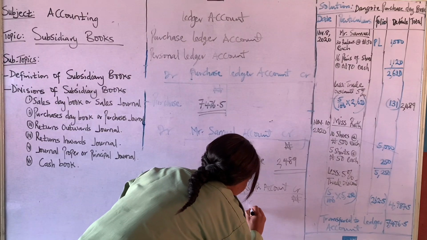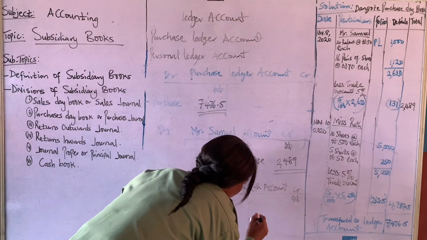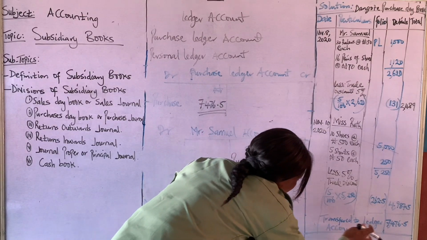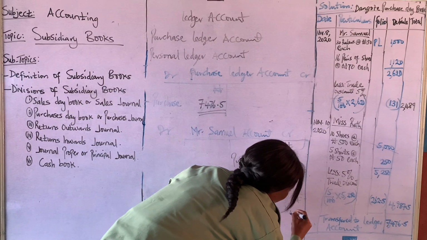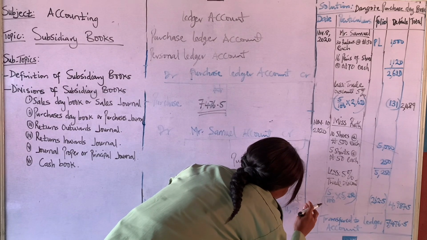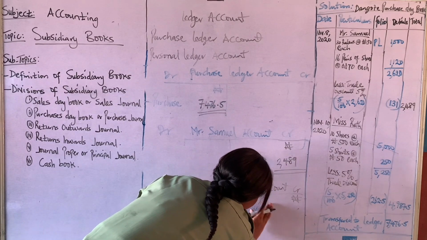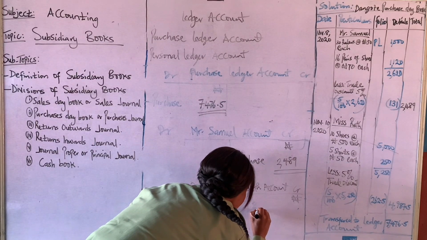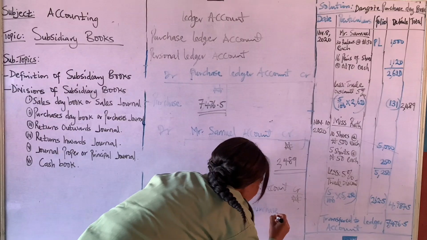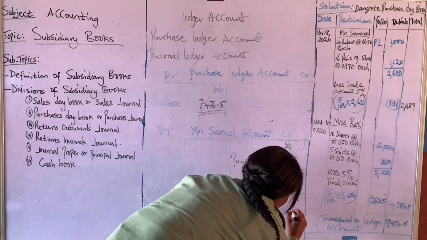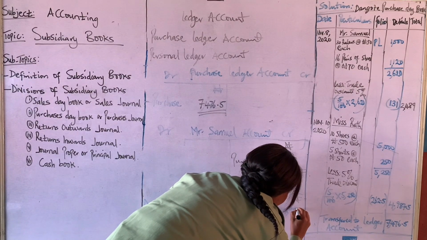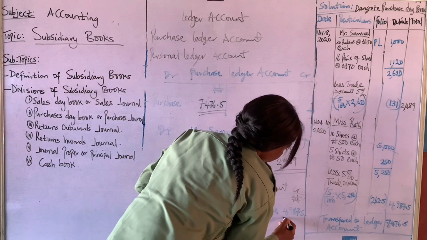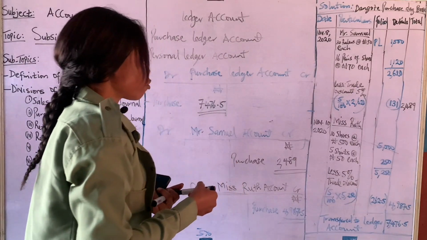Come here, write purchase. I'm so sorry. Just write purchase. Okay, let's do it properly. Okay, we have purchase 4,987.5. You close the account. This is how it will appear.